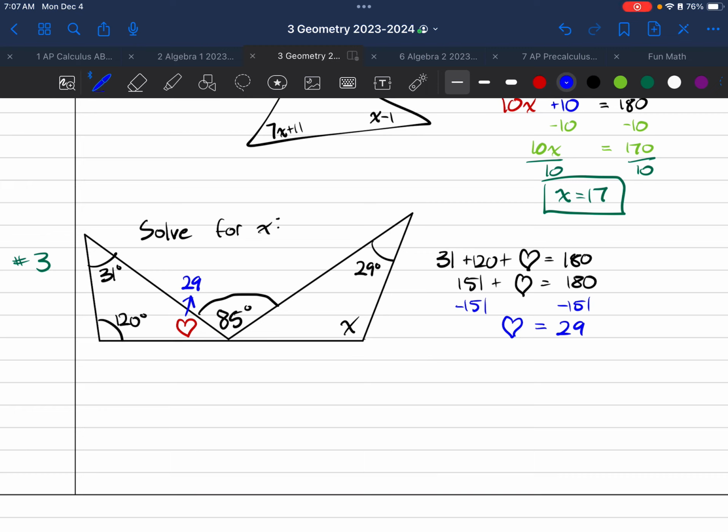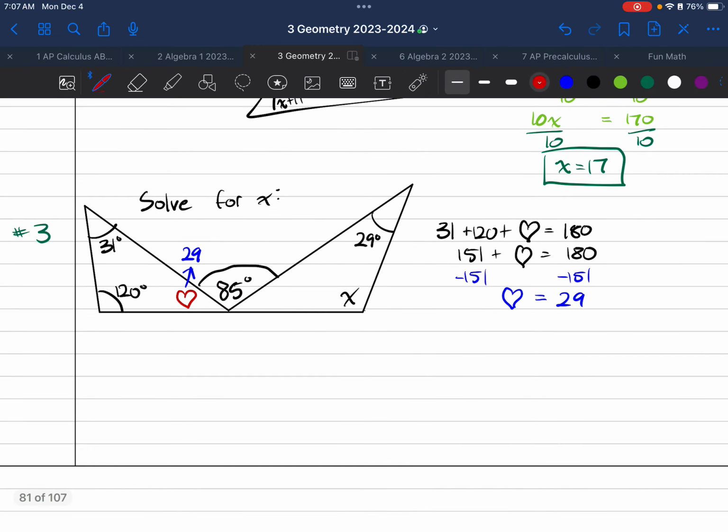Okay, I also know the fact that a line here always adds up to 180 degrees, which means this plus this add up to 180 degrees. Let me make another equation over here that says 29 plus 85 plus, I need some unknown over here, let's call it star. So plus star, that all adds up to 180 degrees.